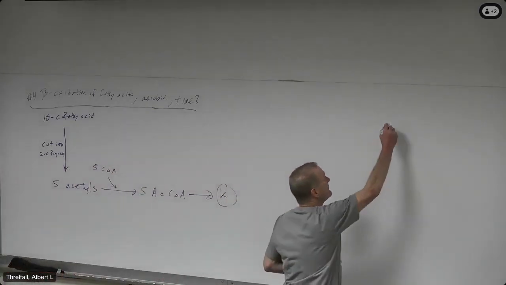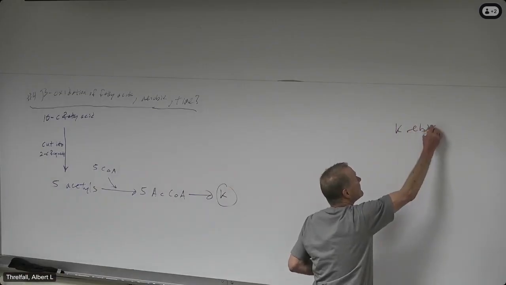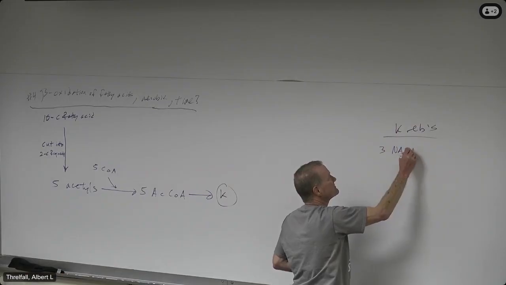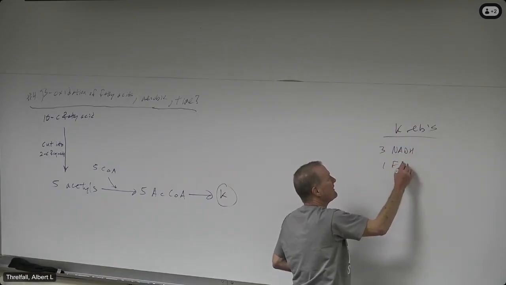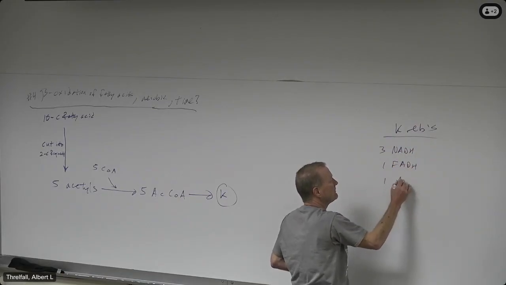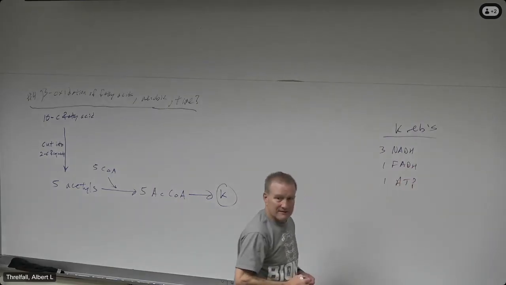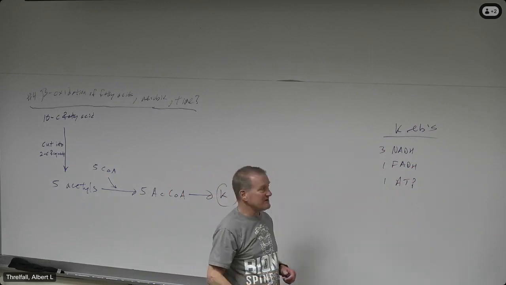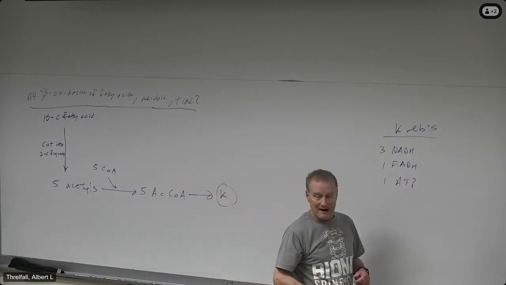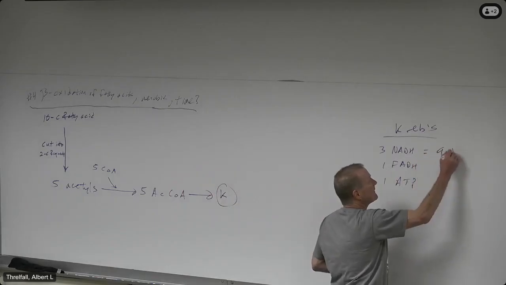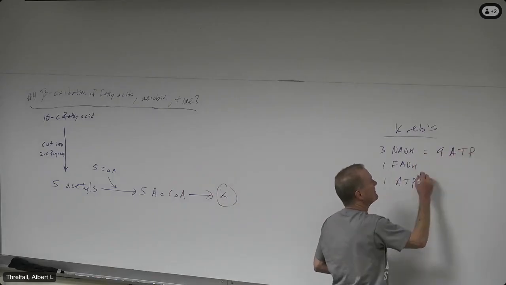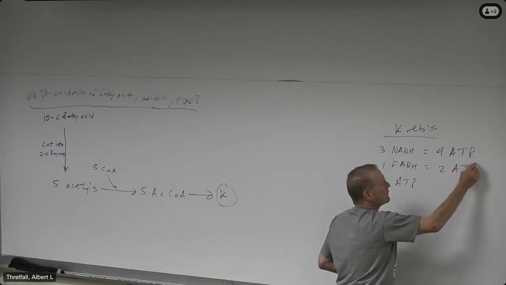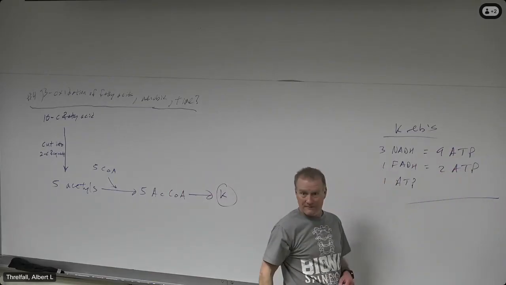You will see that you get 3 molecules of NADH, 1 of FADH2, and 1 ATP. What are those 3 NADHs worth? 9. Everything we've done so far is in your notes. FADH2 is worth 2. So what's the total going to be? 12.